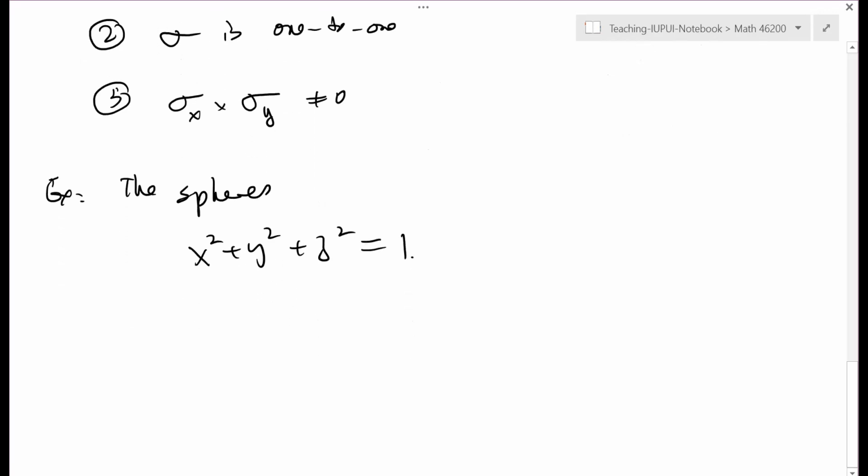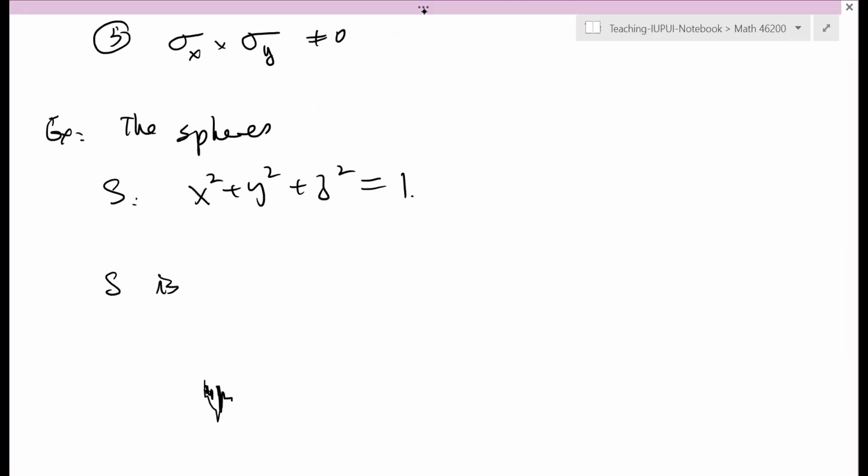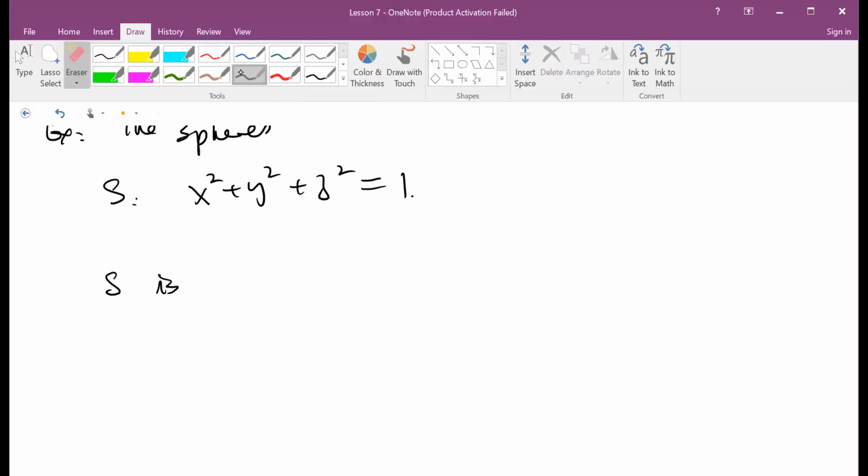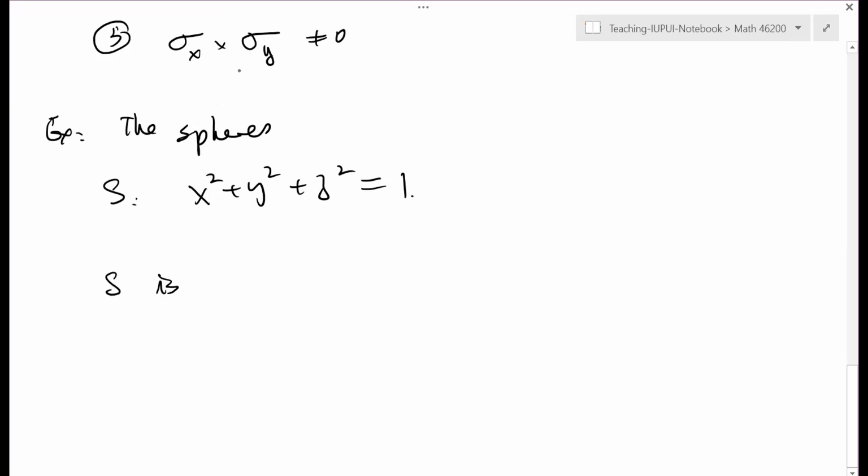The sphere S is a graph of an equation, not a graph of a function.